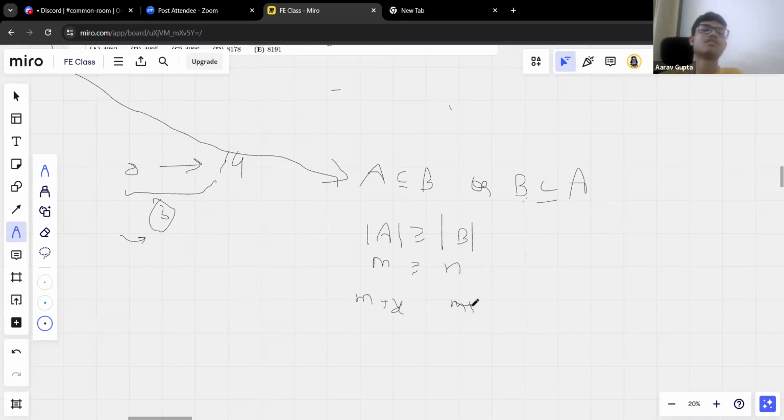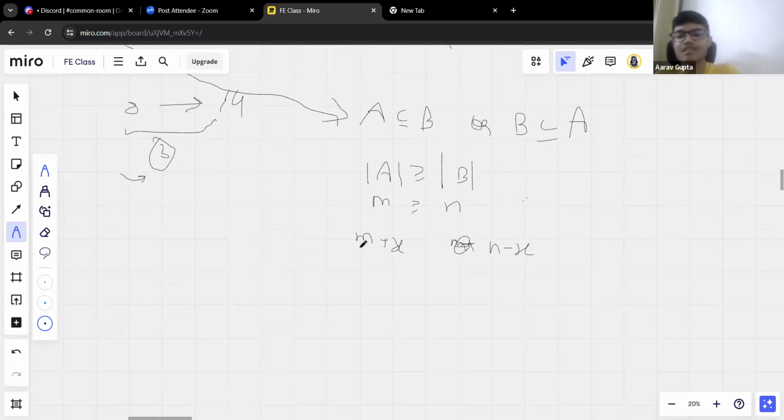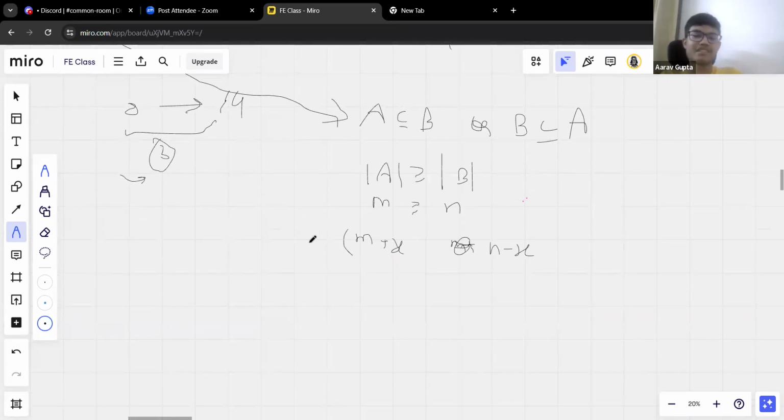Wait, sorry, no, not M plus N minus X, just N minus X elements, because these two sums are equal to these two sums. So now I'll just leave it as an exercise: prove that the product of these is less than the product of these.